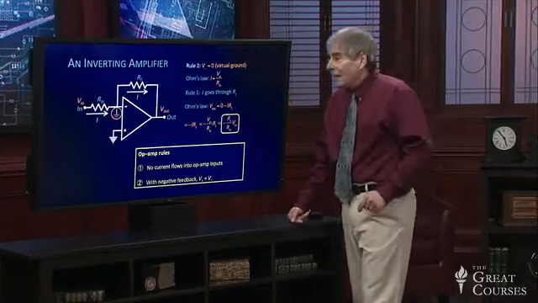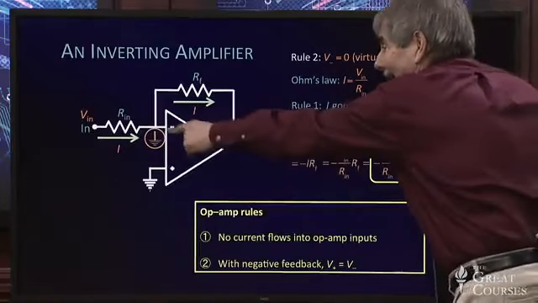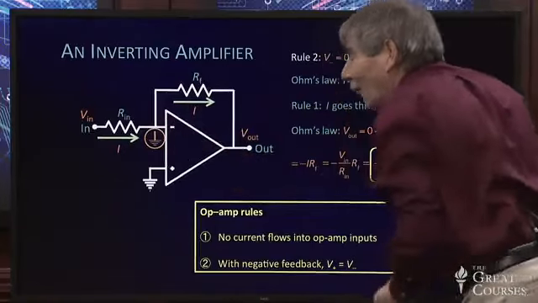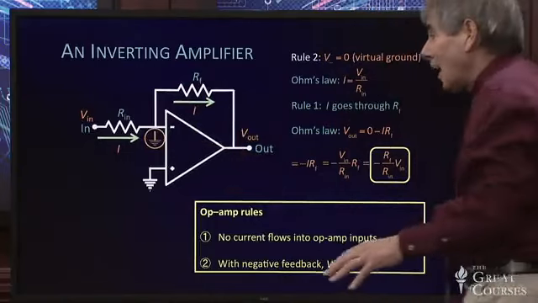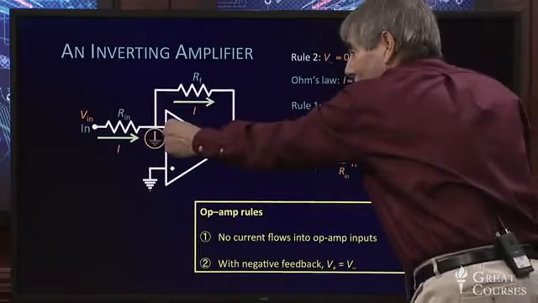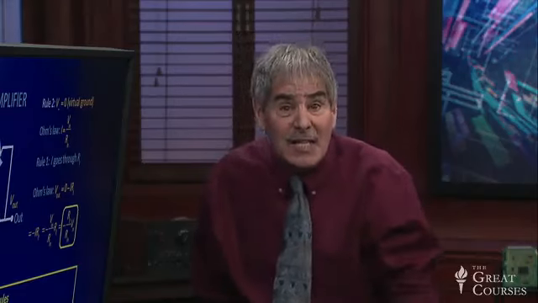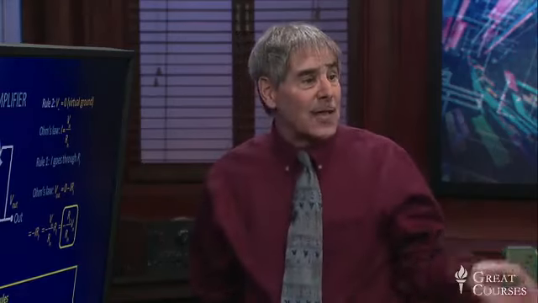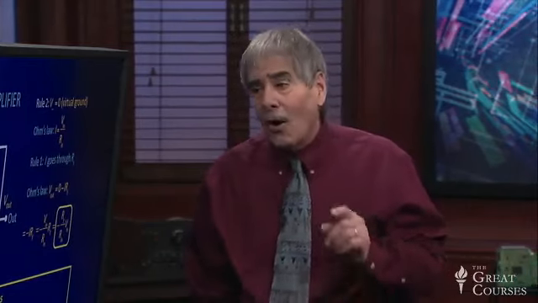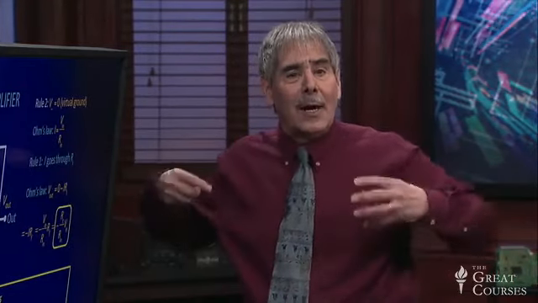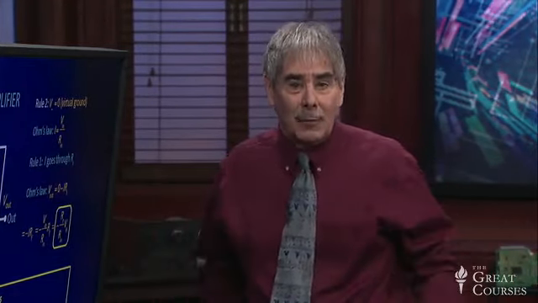First of all, the feedback enhances the 0 volts at that virtual ground, as I said last time, because with that voltage at almost 0, there's no incentive for current to go into the op-amp even if it didn't have a big input resistance. So that's one nice aspect of this. On the other hand, remember, an amplifier would like to have a big input resistance.